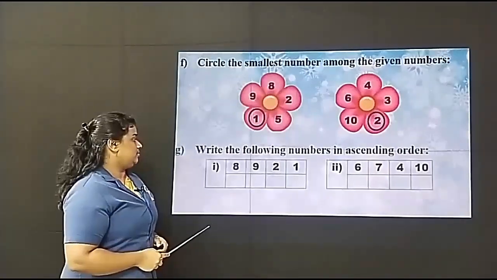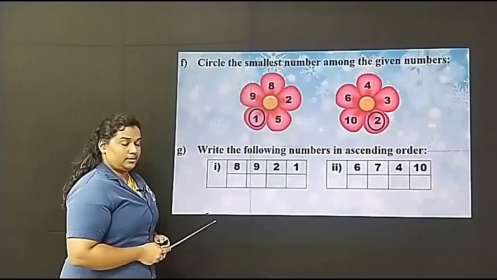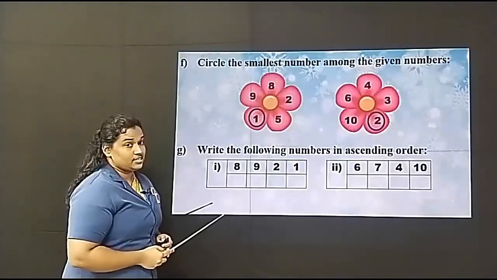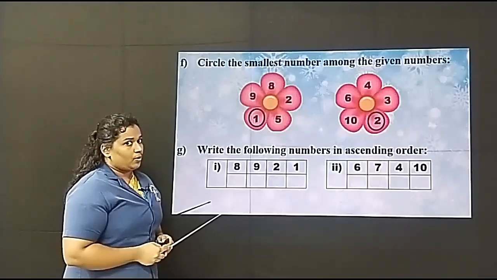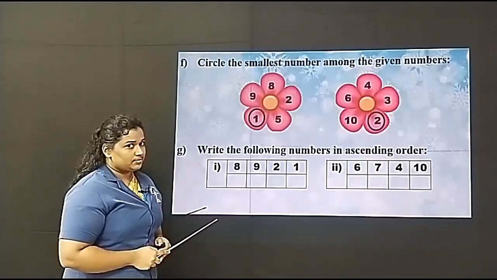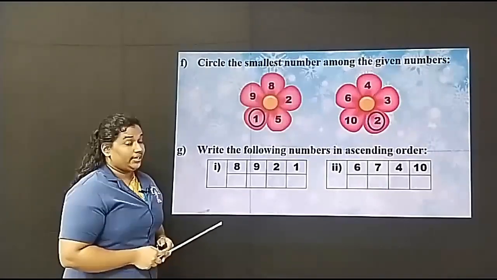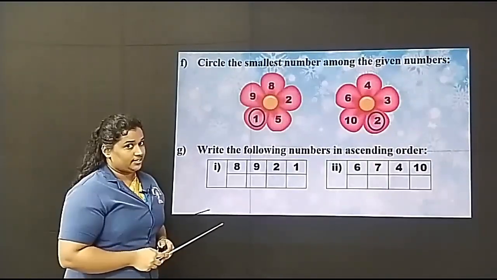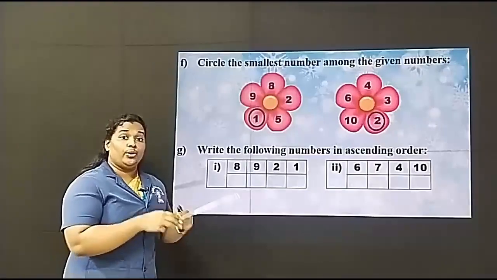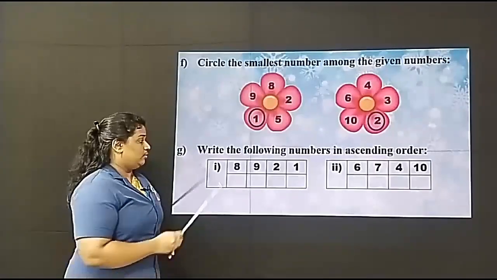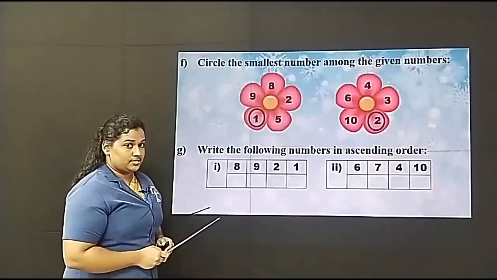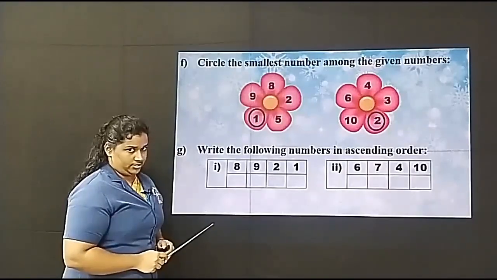The next question, write the following numbers in ascending order. What is ascending order? Yes, arranging numbers in increasing order, that is from smaller to greater. So let us arrange these numbers in ascending order.